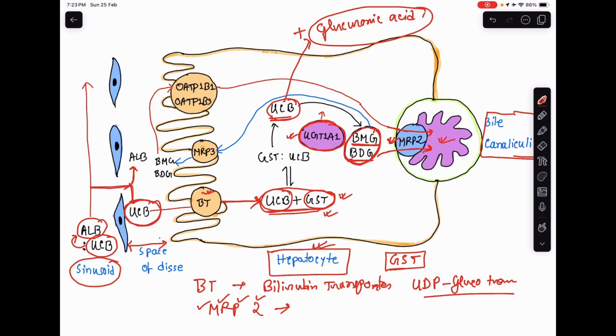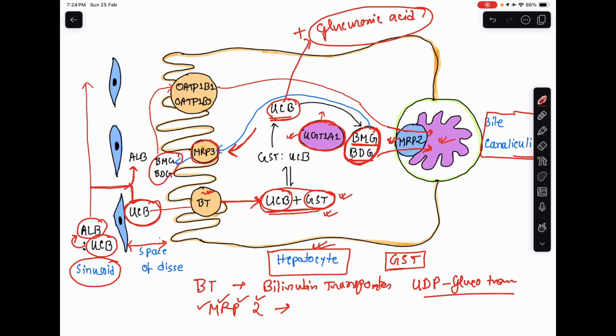Some amount of this bilirubin monoglucuronide and bilirubin diglucuronide gets transported back into the space of Disse. It is released into the space of Disse with the help of the protein MRP3, that is multi-drug resistance associated protein 3, and this undergoes enterohepatic circulation.